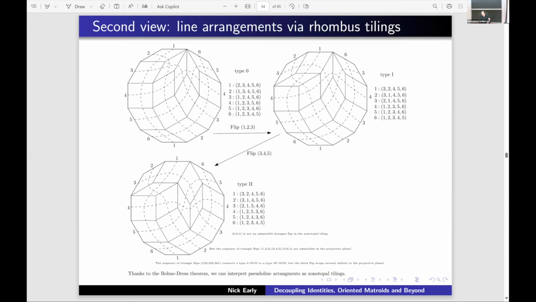You take this subdivision of a hexagon and you do this move and flip it here. You get the other type 1 guy and then you flip it again. You flip 3, 4, 5, and you get the type 2. So the type 2 with the 7 factors in the denominator.